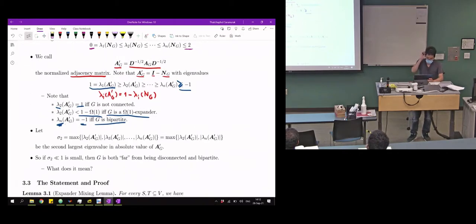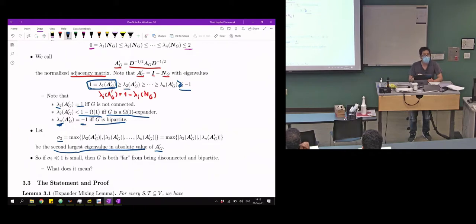So now we want to define this thing, sigma 2. This is just the maximum, the second largest eigenvalue in absolute value of A prime. You know that the first one is always 1, but you take the maximum in absolute value here.